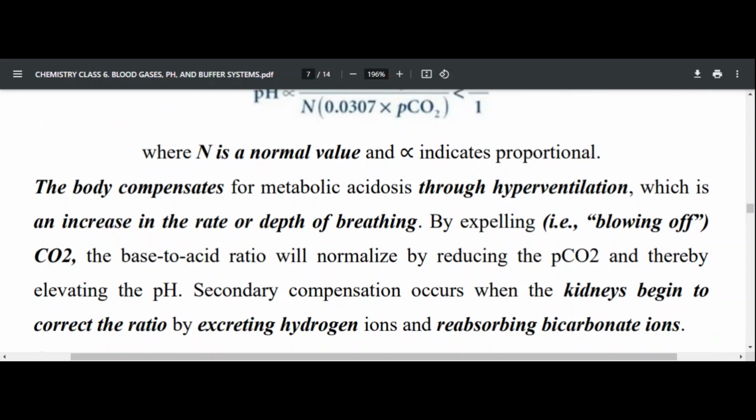But this compensation is not really adequate until the secondary compensation done by the kidneys happens, because even if the lungs can compensate, they can't compensate completely. They require the kidneys to begin to correct this ratio by excreting some hydrogen ion and reabsorbing bicarbonate ion. So as you can see, even if compensation could take place, finally the kidney must act to fully compensate for pH to return to normal.